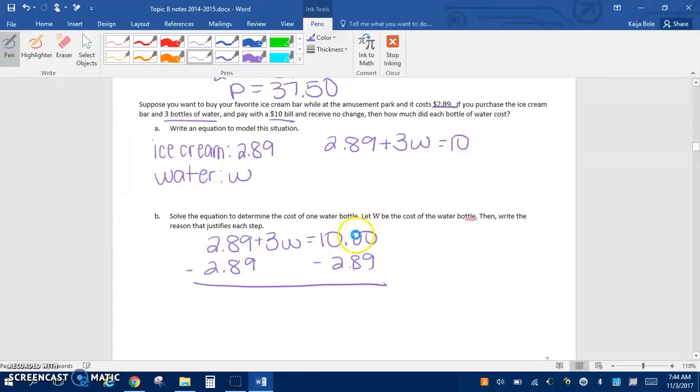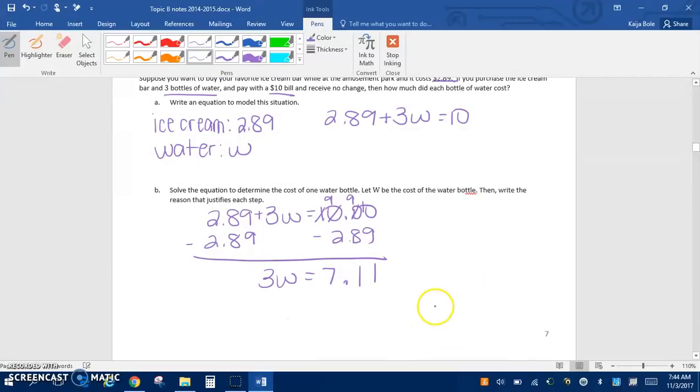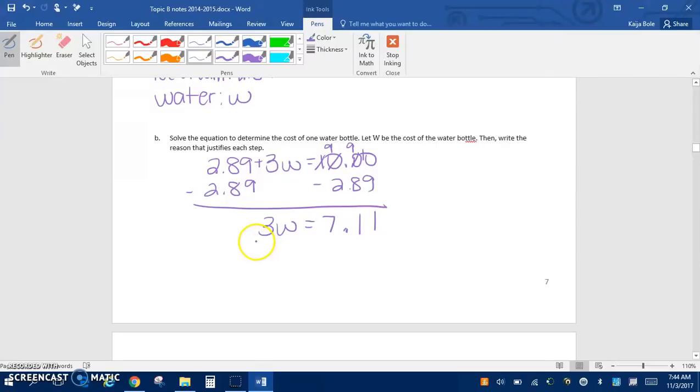Add some zeros up here, so we borrow, so this becomes a 9, this will be a 9, and this is a 10. So we have 7.11, and this equals 3W. Scroll down a little bit. So now we have to divide by 3 on both sides.